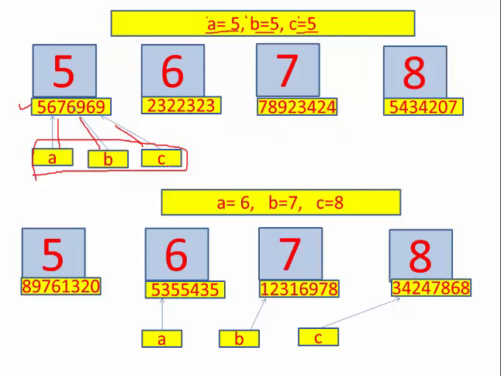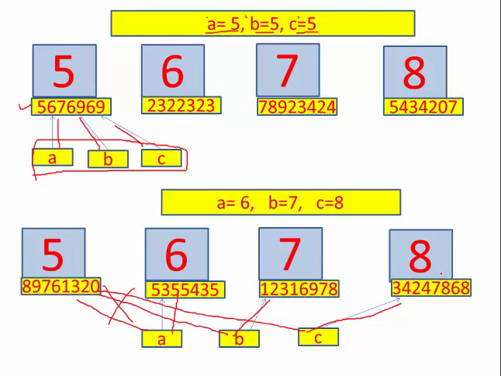Now if we change this, A is equal to 6, B is equal to 7, and C is equal to 8, we will see that A is referencing this, B is referencing this, and C is referencing this. They are not referencing the same memory location now as they were doing earlier. They are now referencing different memory locations.